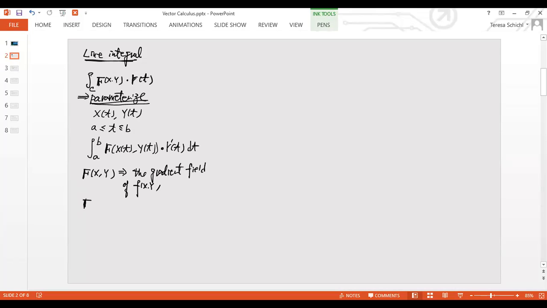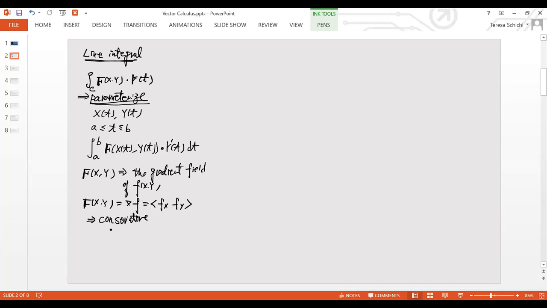If you can do that, then we say F of x, y is what we call a conservative field.